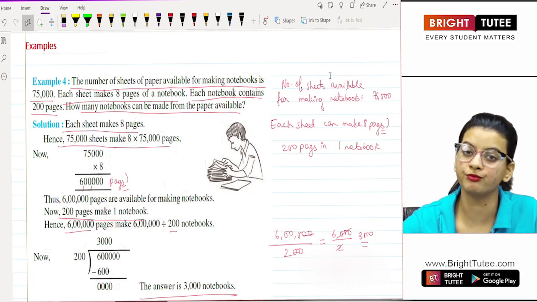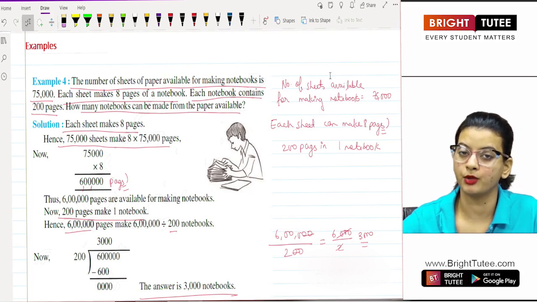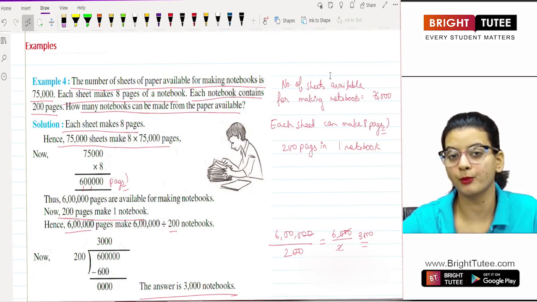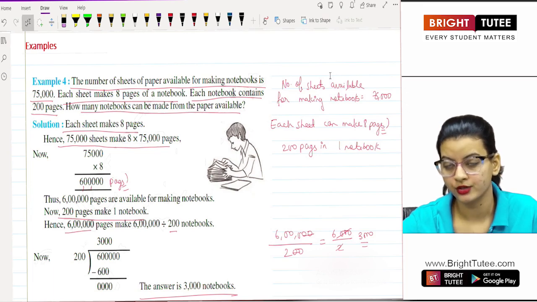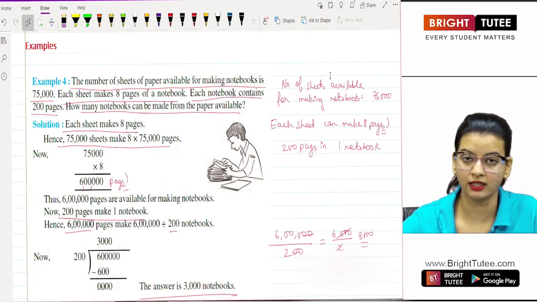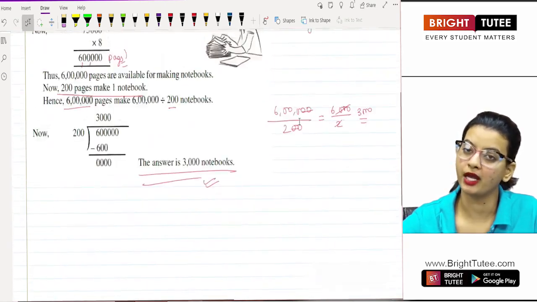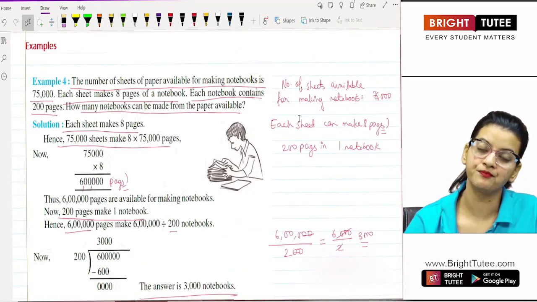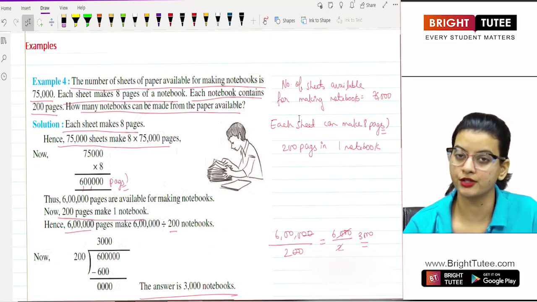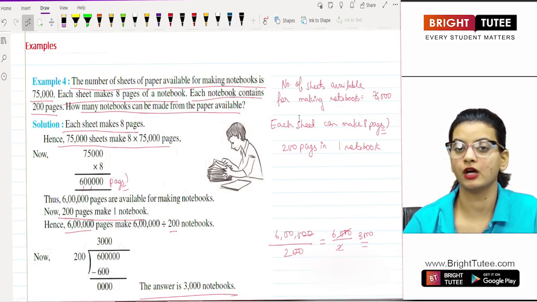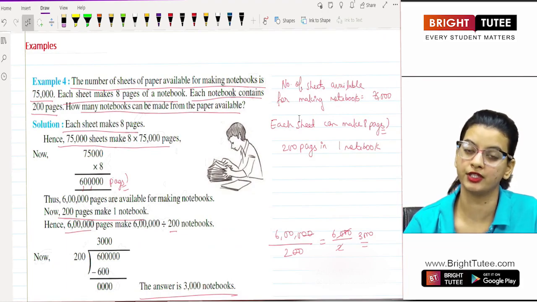So, now we divide the number of pages available by the number of pages in one notebook to get the number of notebooks that we can make. We have solved this verbally and on paper. And I hope that you understood these example questions. Now, similar questions we are going to solve in the exercise.